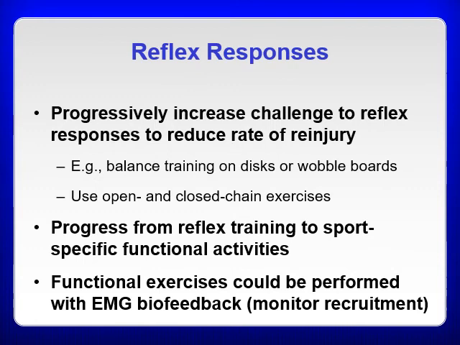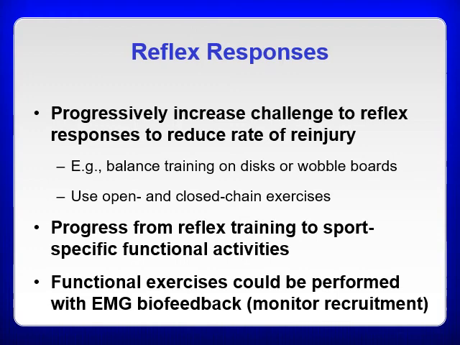So as we move along, you want to eventually progress your responses. Go from just basic volitional muscle contraction to working the person through reflex responses. So again, balance training. Use a combination of open and closed chain exercises in order to do that. And then progress them to sport-specific functional activities.